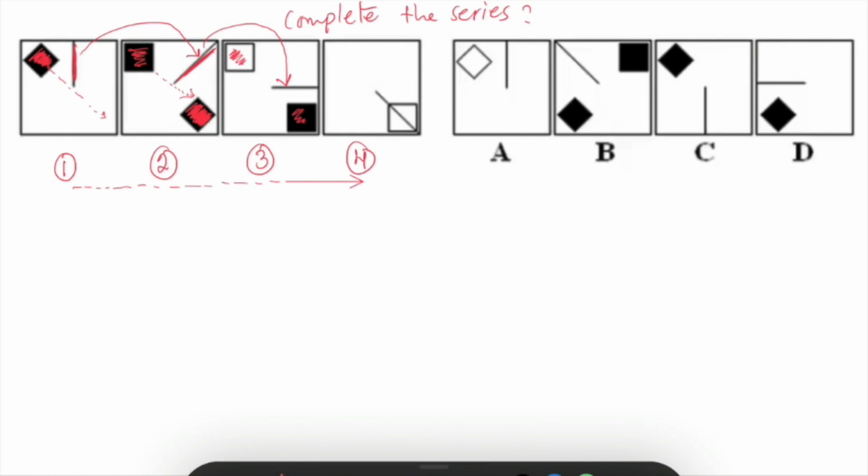In the fourth pattern we have the same big square. I can see that the square here disappeared, and the square in the upper left corner moved to its place, so it became here.